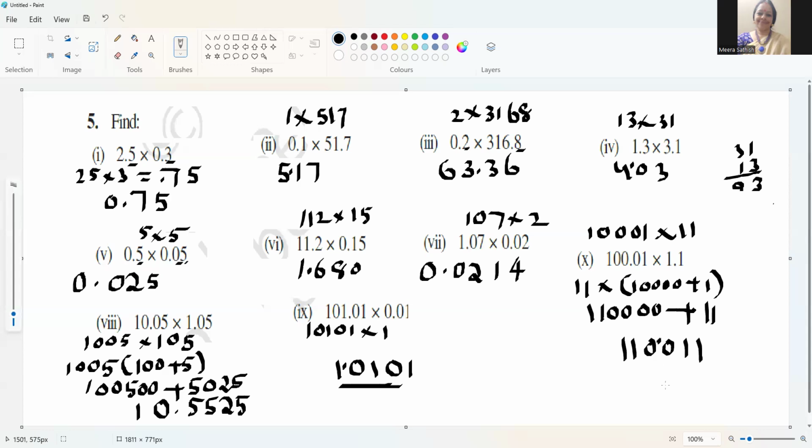So decimal will come here. 110.011. Like this, we will get the answer. So 100.01 into 1.1 will be 110.011. Okay. So now next exercise is, I think, division of decimals. So that we will see in the next video. Till then, bye.